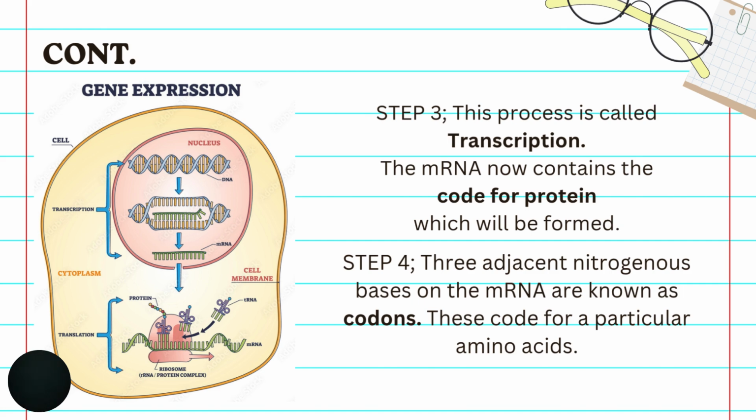These three adjacent nitrogenous bases on mRNA are known as codons. Each of these groups of three, called codons, codes for one specific amino acid. I'll explain it further when we get to translation, so you'll understand once we get to translation. So that was the process of transcription.